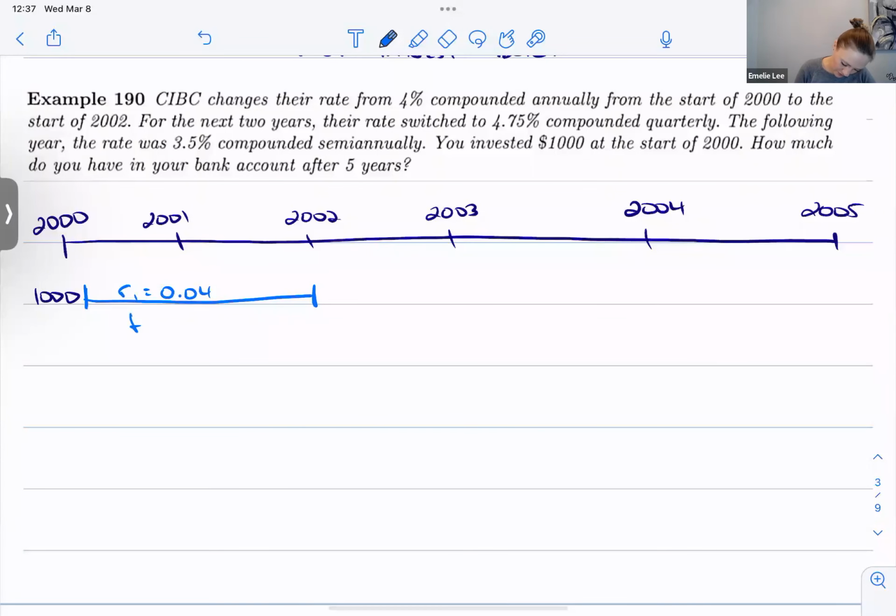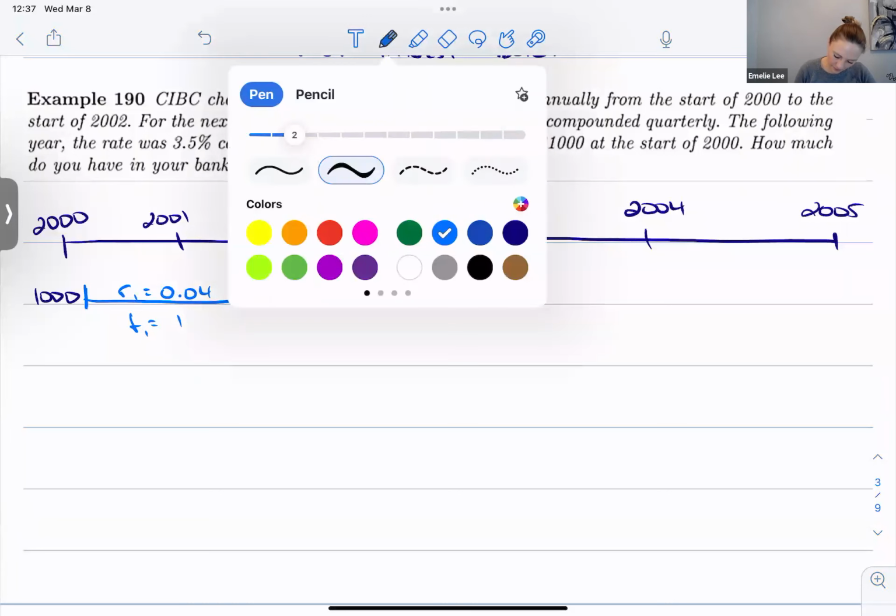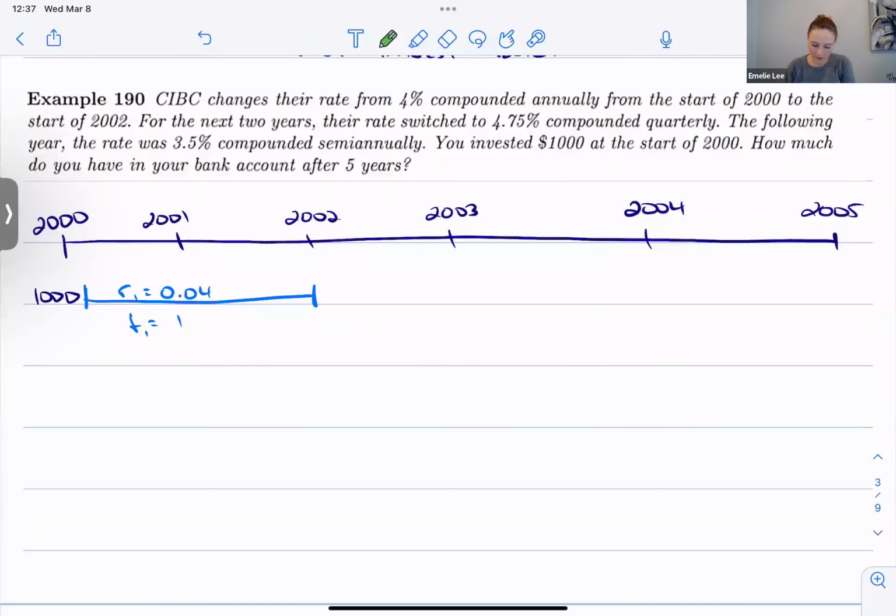And the frequency F1, compounded annually, so 1. Then for the next 2 years, so that's 2002 to 2004.